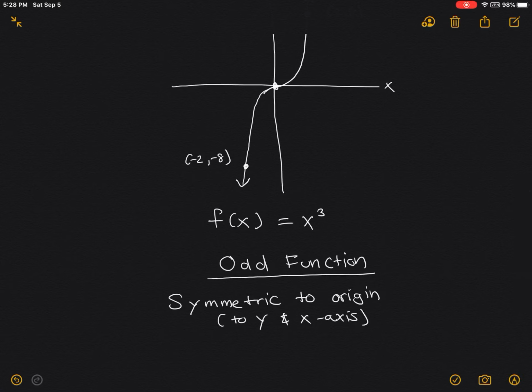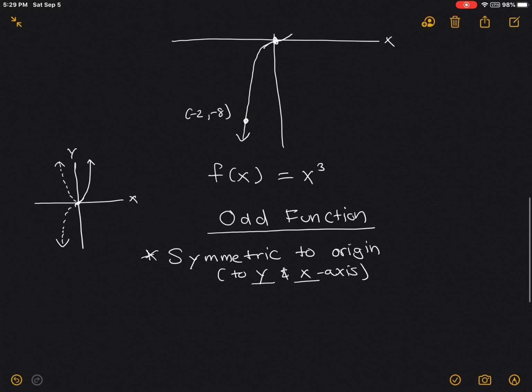If I show you here on the side, if I take this part of the graph and reflect it across the y-axis, and then take this portion and reflect it across the x-axis, that's where I end up. It doesn't matter which order you go. So that's what it means to be symmetric to the origin. You can go over x and then over y, and you still end up in quadrant number 4.